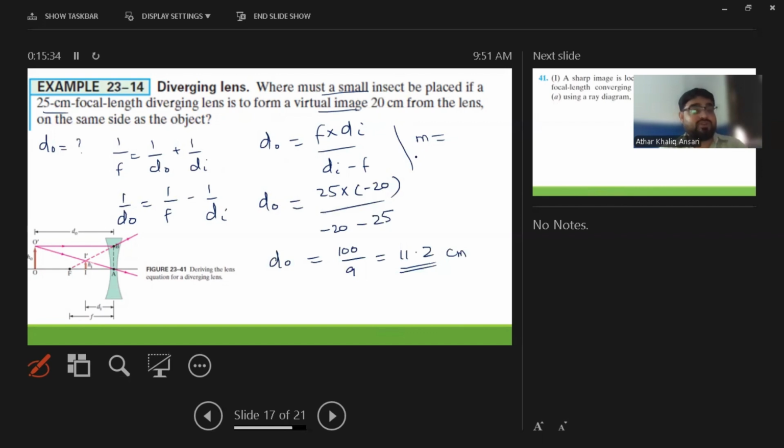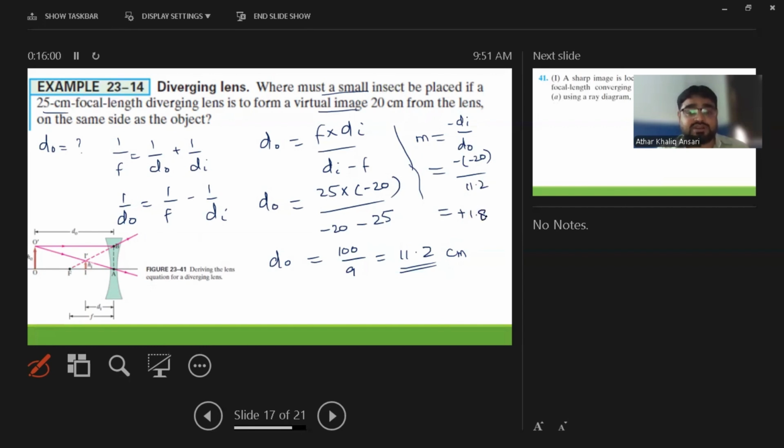So if they ask for magnification, you can use minus DI over DO. What is DI? DI is negative 20, so negative into negative 20 over DO, which we found is 11.2. So your image that you are getting is positive now. It is 1.8.